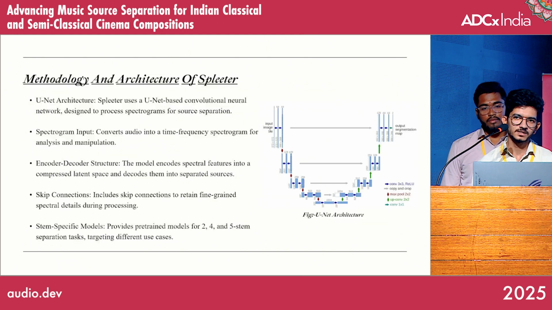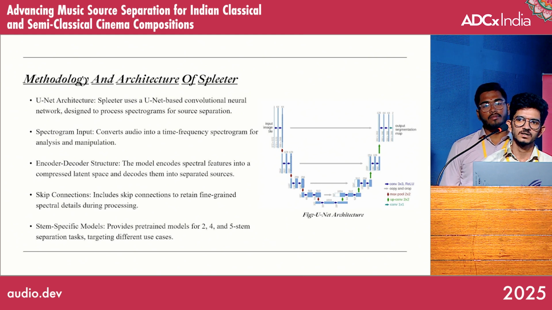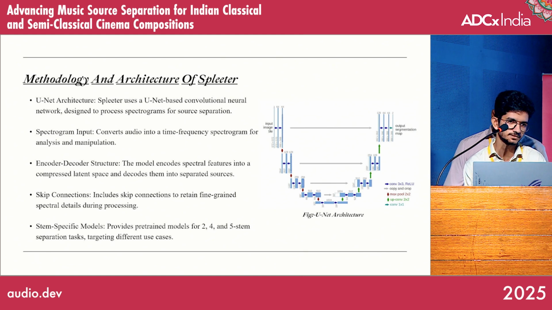So as we come here, we take Spleeter for the Carnatic classification because it is based on UNet architecture, and it requires a smaller dataset comparatively to the Demucs architecture. Demucs is a hybrid model which requires a high quality, high resolution dataset.